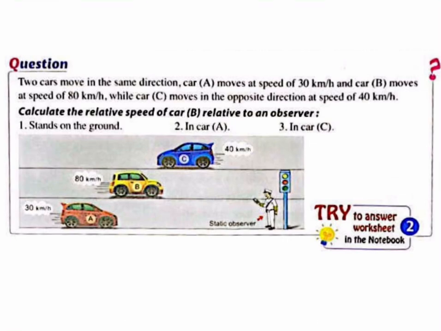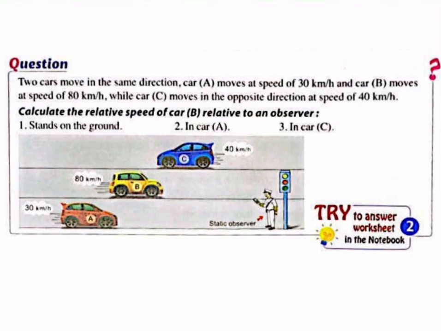Okay, this is an application, and it will be very easy. He says two cars move in the same direction. Car A moves at a speed of 30 km per hour and car B moves at a speed of 80 km per hour, while car C moves in the opposite direction at a speed of 40 km per hour.